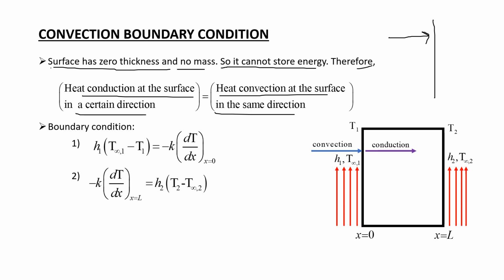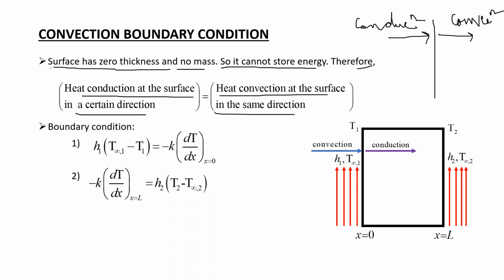This is conduction and this is convection. So according to the first point, since the surface cannot store energy, the energy that is being transferred to the surface by conduction must be equal to the energy that is being convected out from the surface.